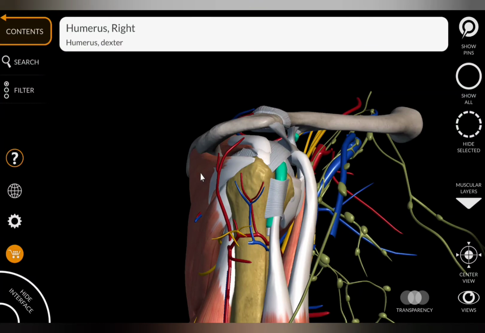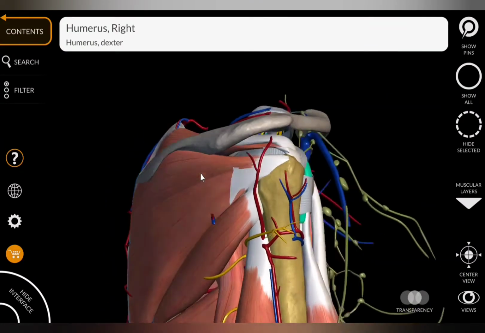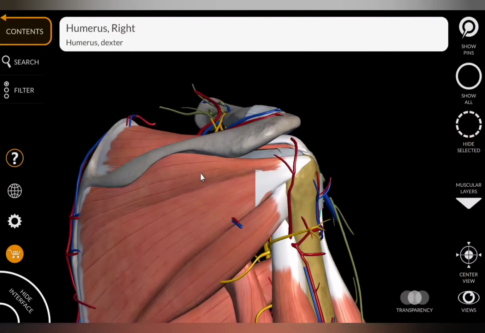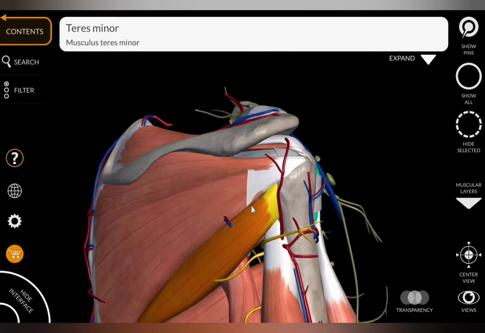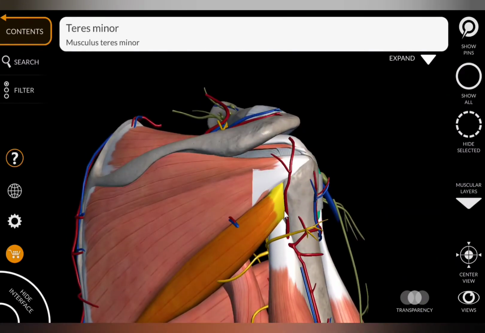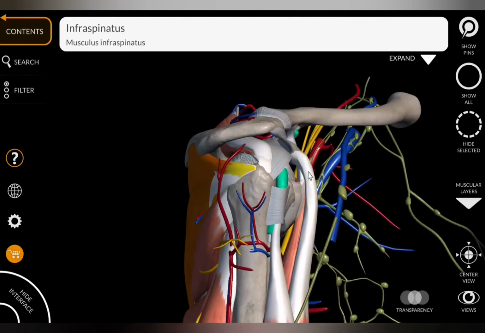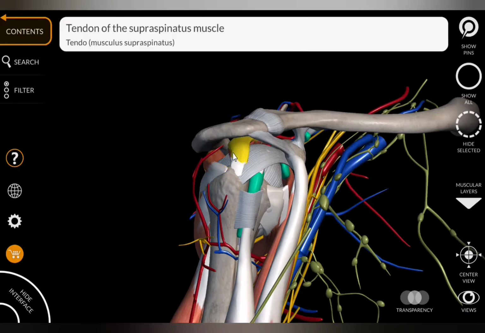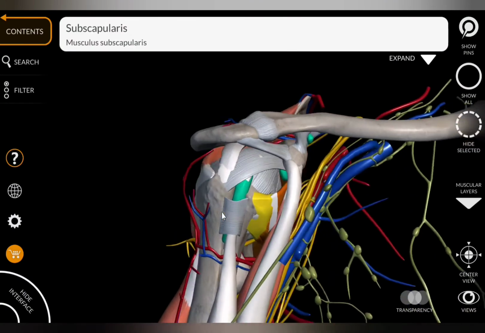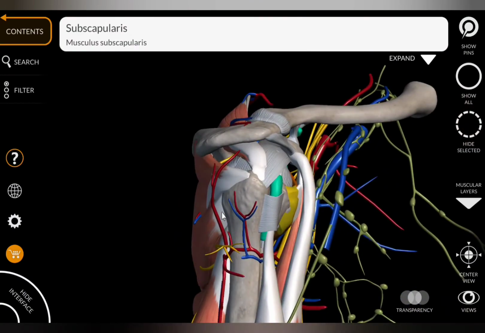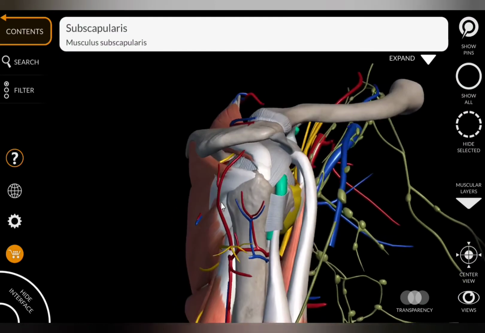The rotator cuff is made up of four components, the tendons of four muscles, namely the tendon of teres minor muscle, the tendon of infraspinatus muscle, the tendon of supraspinatus muscle, and the tendon of subscapularis muscle. These four together form the rotator cuff. They also provide stability to the shoulder joint.